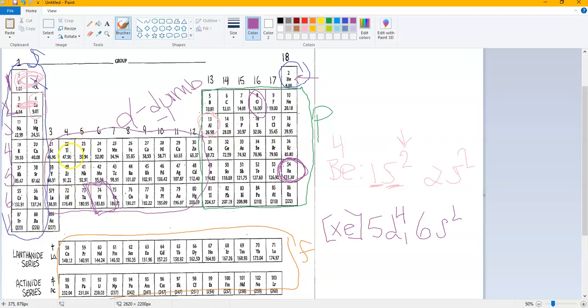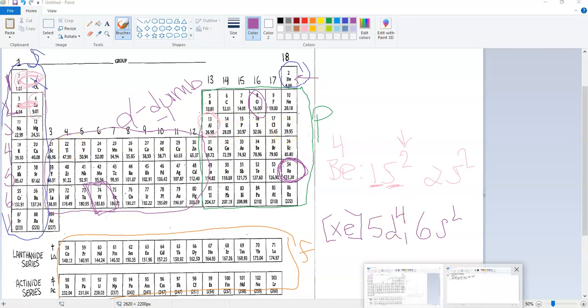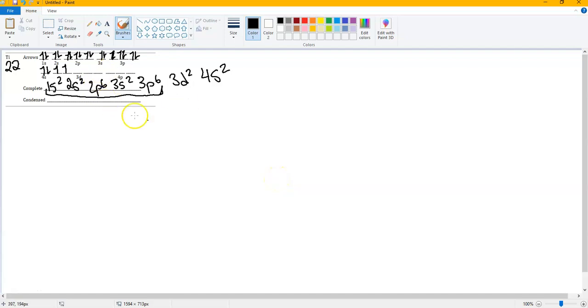Titanium is right here, okay? So I'm going to use argon for my condensed version. And I'm going to put argon in brackets. And then argon is all the way up to 3p6. So all I have to write down is 3d2, 4s2. And that is the condensed one.